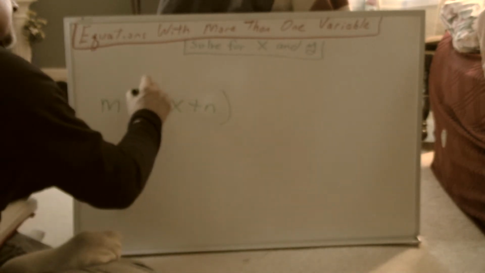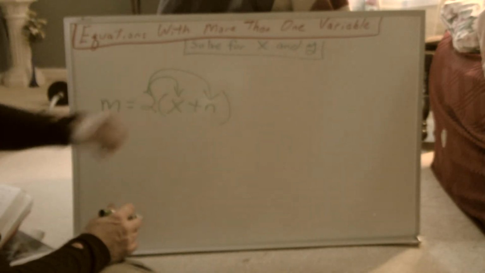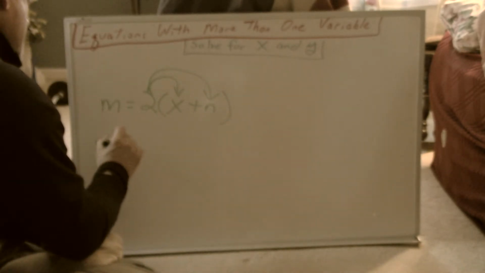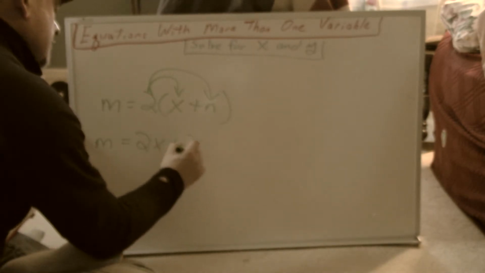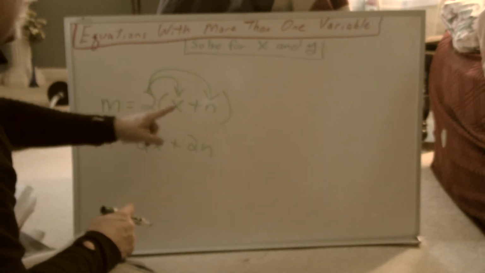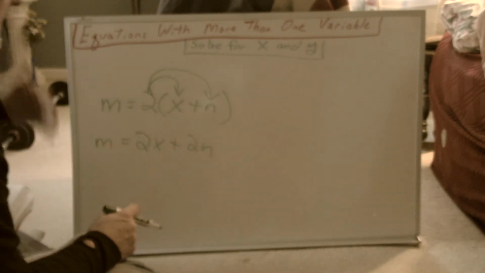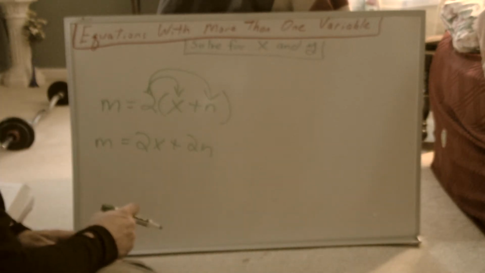So I have to distribute this 2. He's going to get distributed to the x and the n. So we have m equals 2x plus 2n. Because 2 times x is 2x, 2 times n is 2n. Now, my job is to isolate this x.